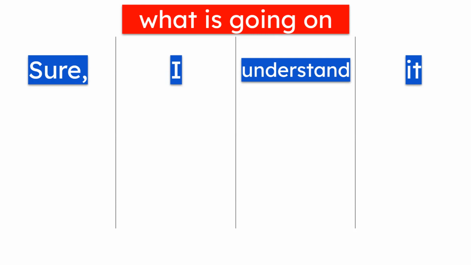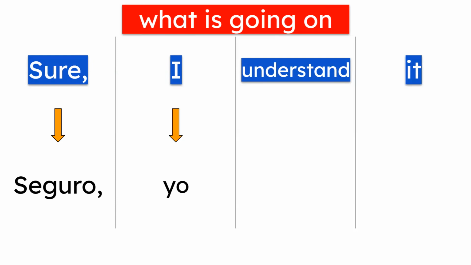And when it is referring to a situation or a sentence or idea, of course, we are always going to use lo, because lo is also used when we want to refer to something that has no gender. So in this case, I'm going to say sure. Sure is seguro, I, yo. It, remember, refers to anything that is not a thing, it's always lo.